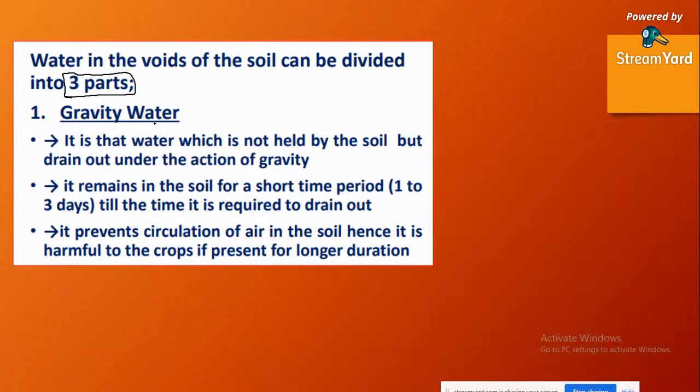This part of the water will not be utilized by the plant root; rather, it will be drained off due to the force of gravity. Okay, so it is not held by the soil. Within 1 to 3 days, it will be drained off due to the action of gravity, and finally it will join with the groundwater table.